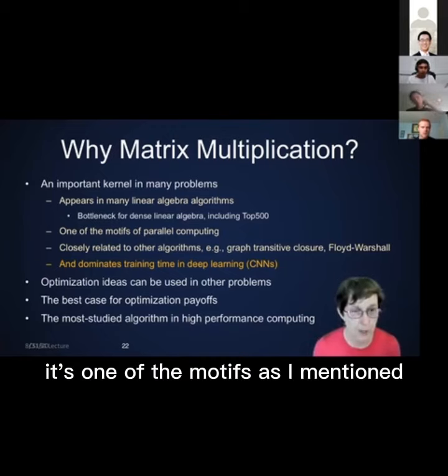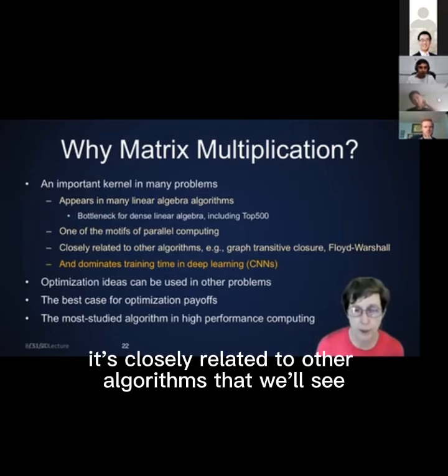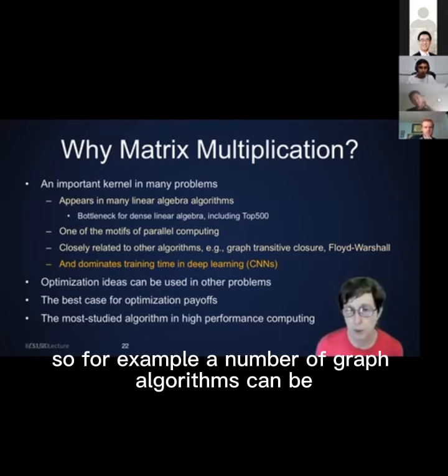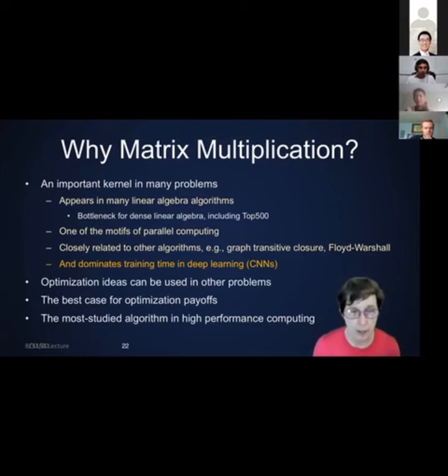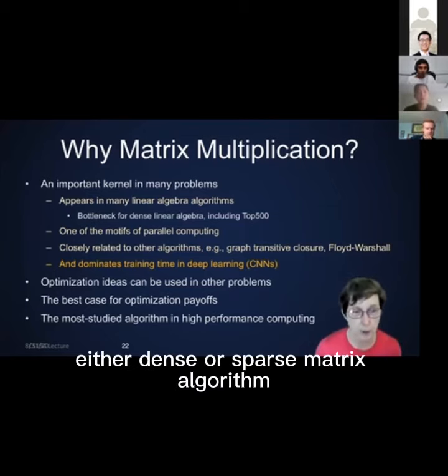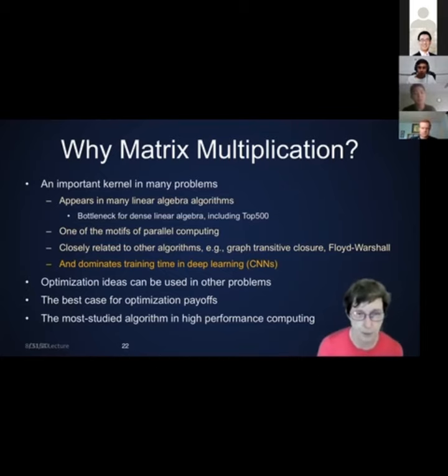It's one of the motifs, as I mentioned. It comes up in a lot of different applications. It's closely related to other algorithms that we'll see. So for example, a number of graph algorithms can be formulated as a matrix algorithm, either dense or sparse matrix algorithm. And I'll say more about what a sparse matrix looks like in a future lecture.